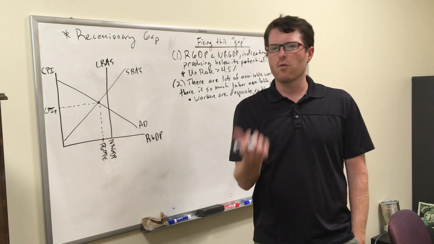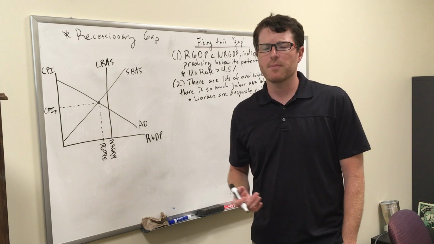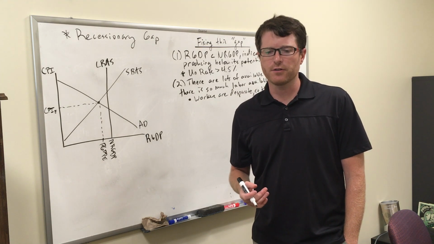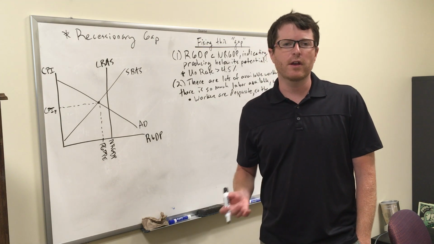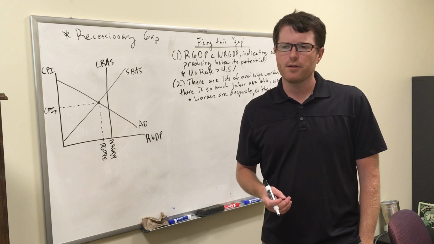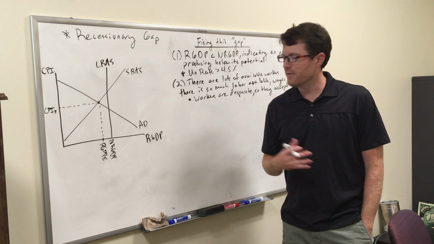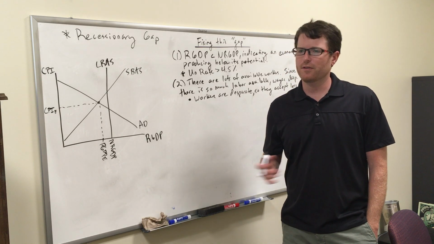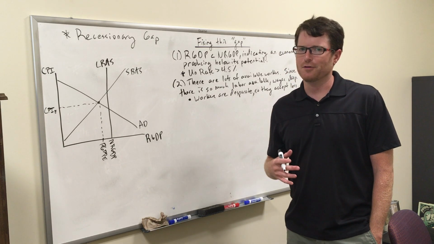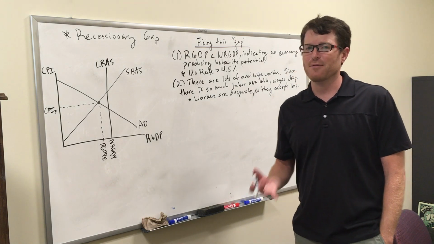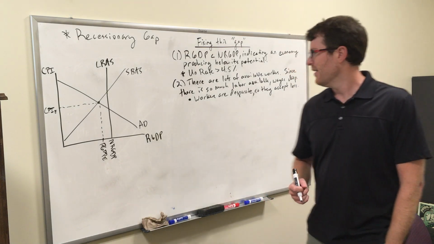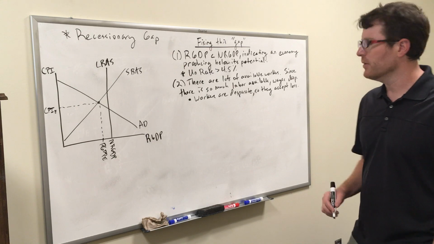And even those that are working, they may be willing to take a pay cut. You know, if your boss tells you, look, we're going to have to pay you $2 less an hour because the economy is bad, you're probably going to accept that because you know that if you leave that job, there's not many options out there for you. So this is not a time to try to negotiate for a salary raise. This is the time to accept a salary cut. So workers are desperate, so they accept less.